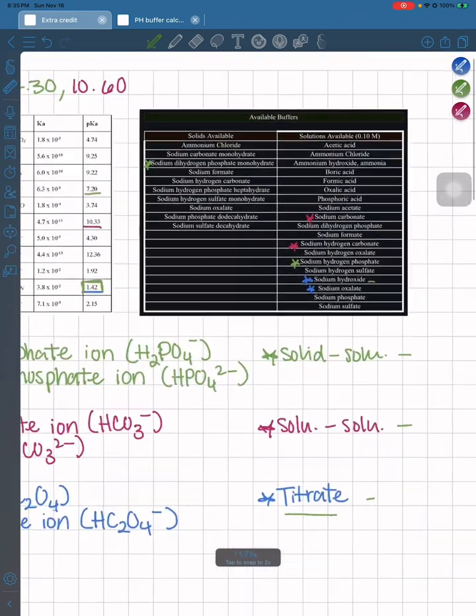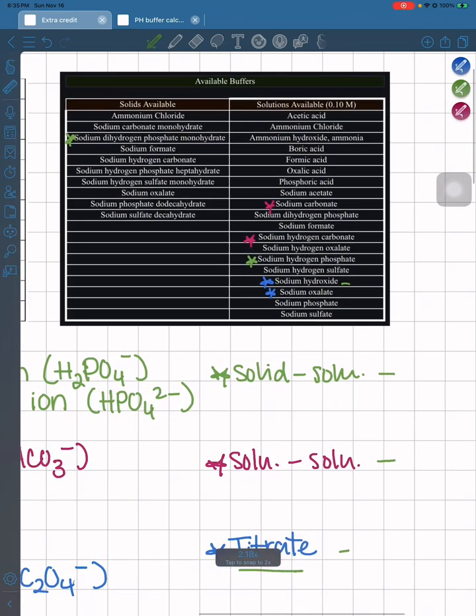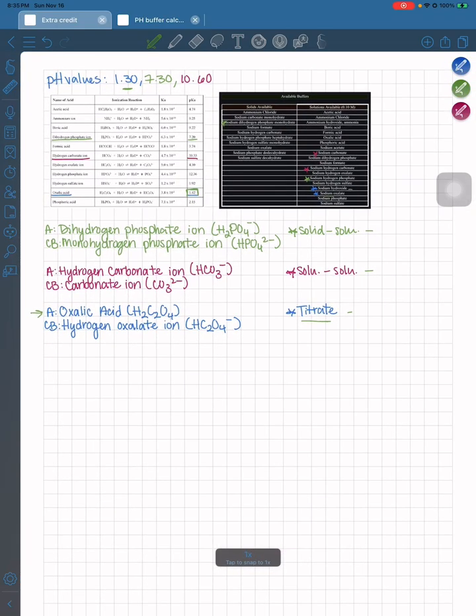And on this list, I have sodium oxalate, and I can use the strong base that was mentioned earlier, sodium hydroxide, to perform my titration.